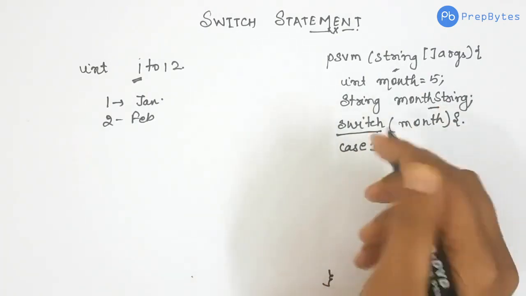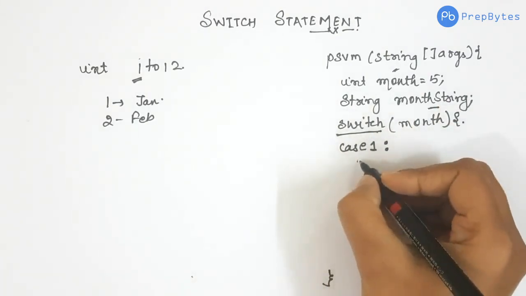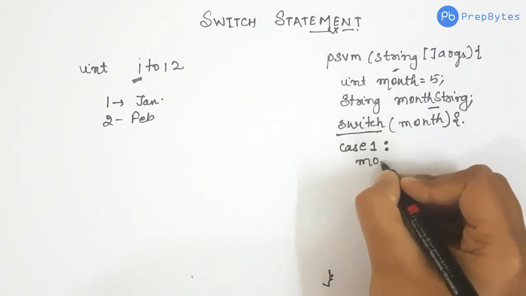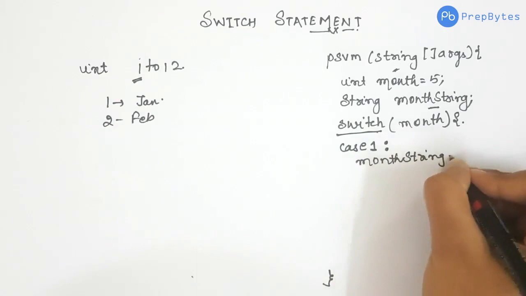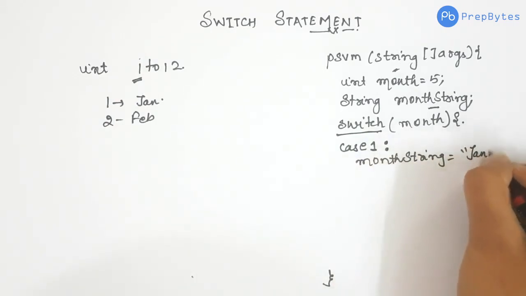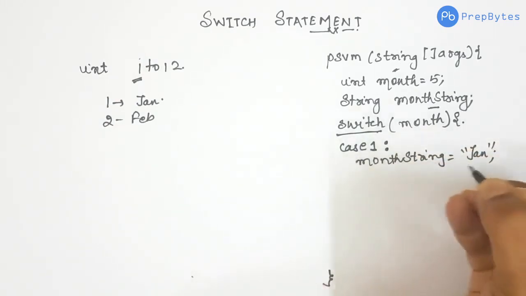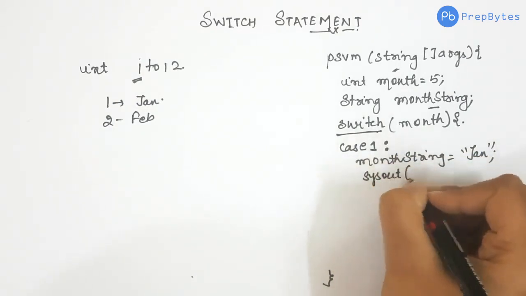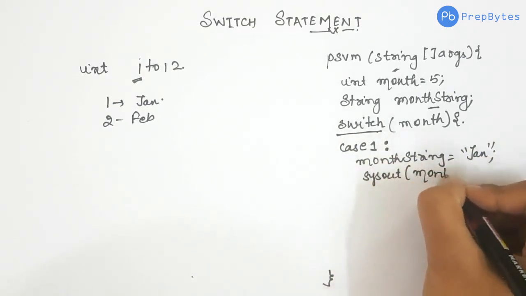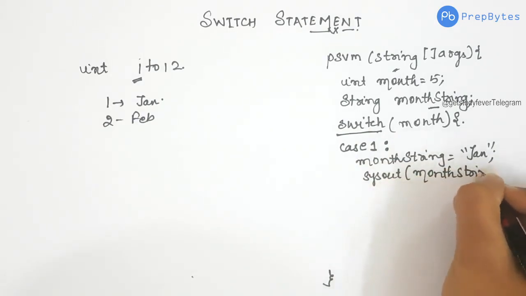then we put a colon, and for this case 1, what will I do? I will write month string equal to Jan. Let's say I write one more statement, sys out month string.